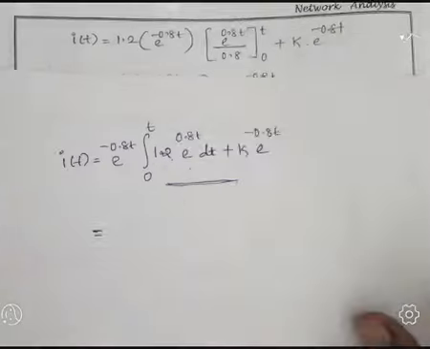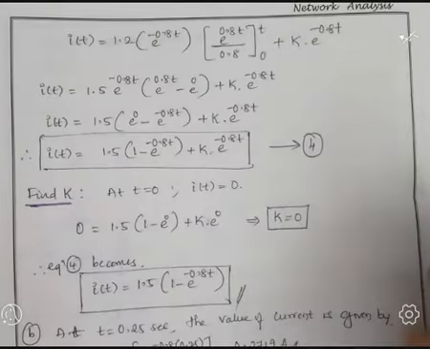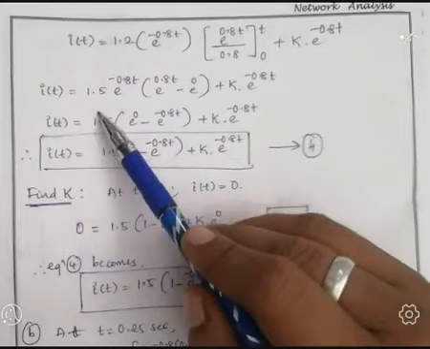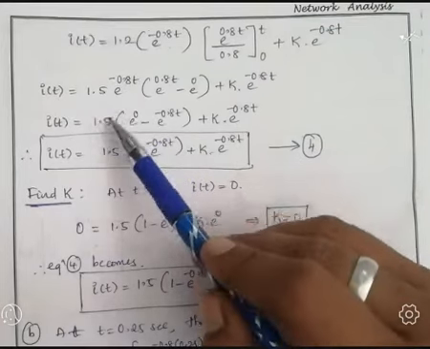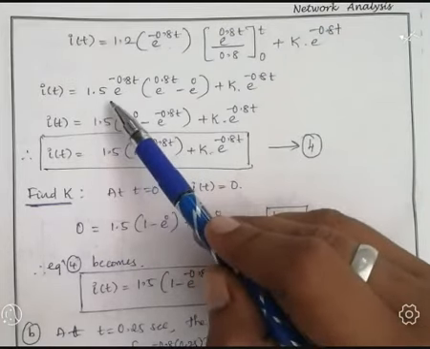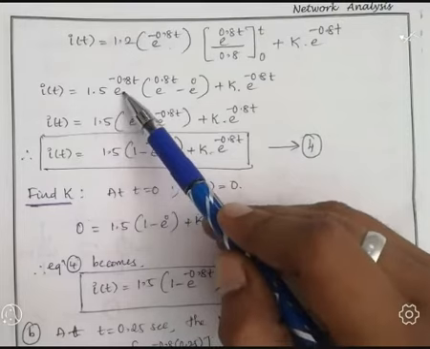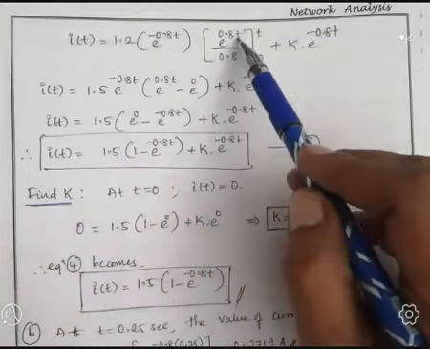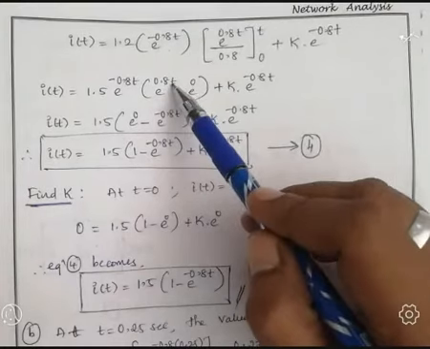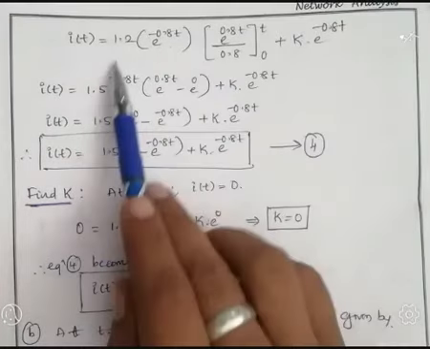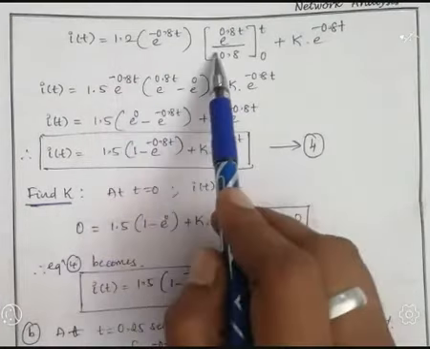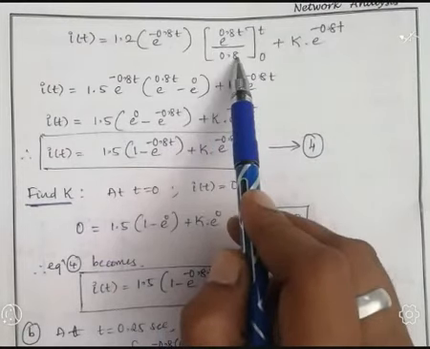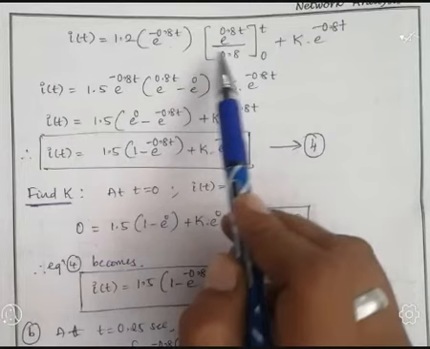Now the next step, I of t equal to 1.5 into e to the power minus 0.8t. Wherever t is there, substitute t, e to the power 0.8t. You may ask how it is 1.5. Very simple, 0.8 is constant, take it outside. So 1.2 divided by 0.8, simplify, we get 1.5.